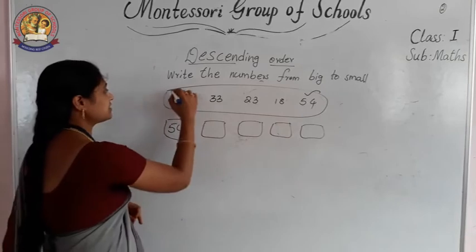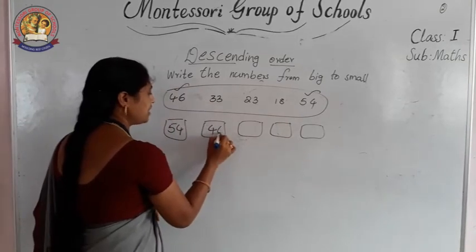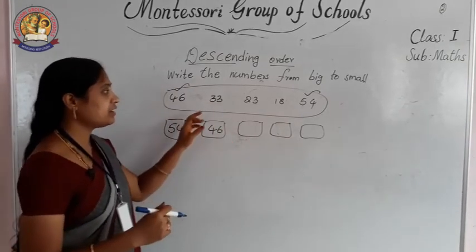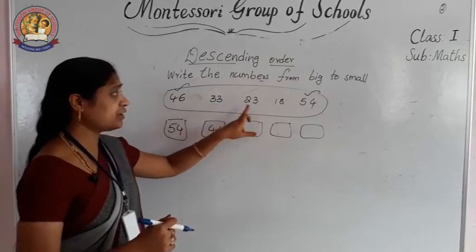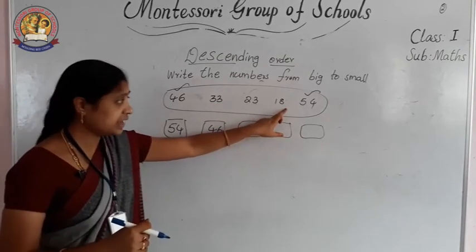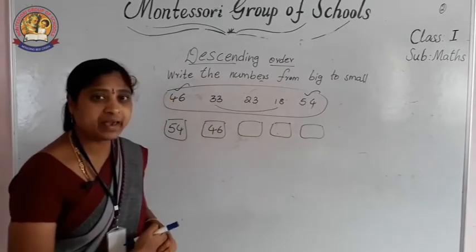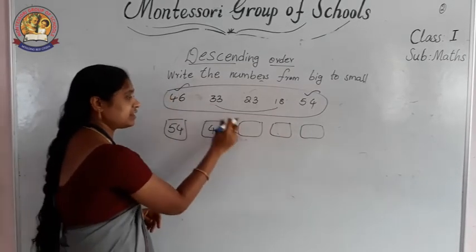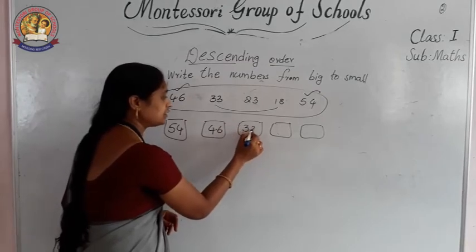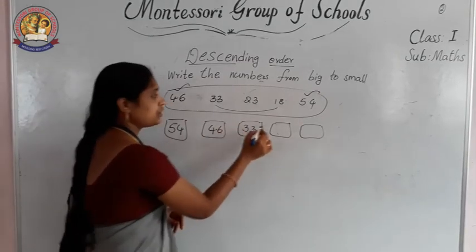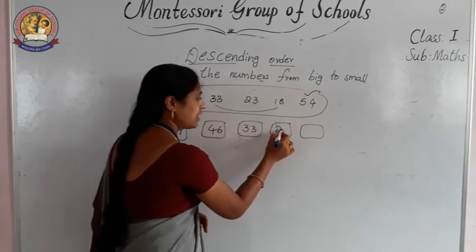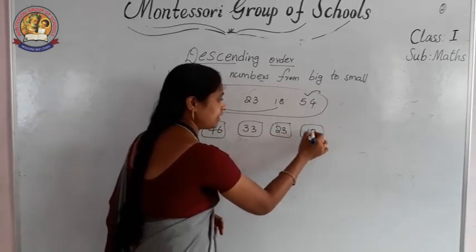Yeah, 46. Right here, 46. Okay, 33, 23, 18. In these numbers, which is the big? Yeah, 33. Right here, 33. Next, yeah, 23 and 18.